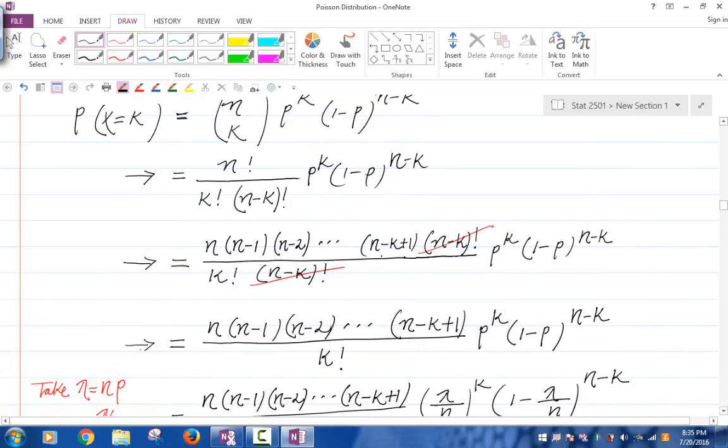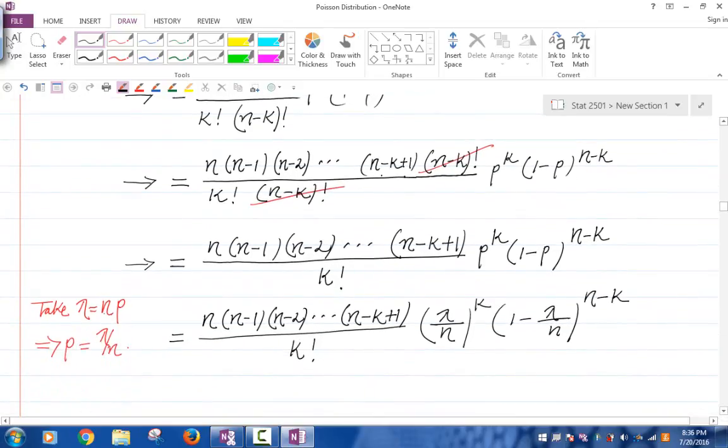At this point, I'm going to take λ to be n times p, so p will be λ divided by n. If I make that substitution, what I get is n(n - 1)(n - 2)...(n - k + 1) over k factorial. p is λ over n, so I get (λ/n)^k, and (1 - λ/n)^(n-k).